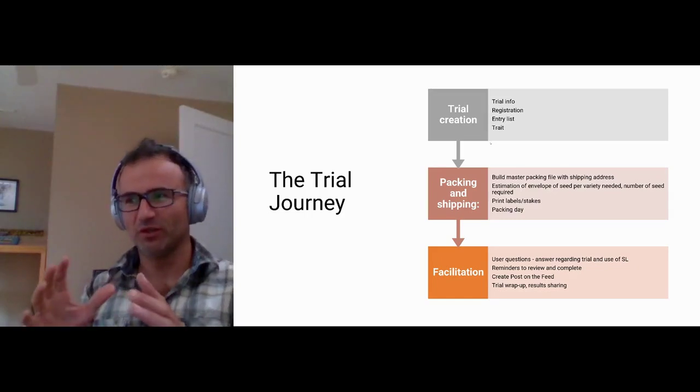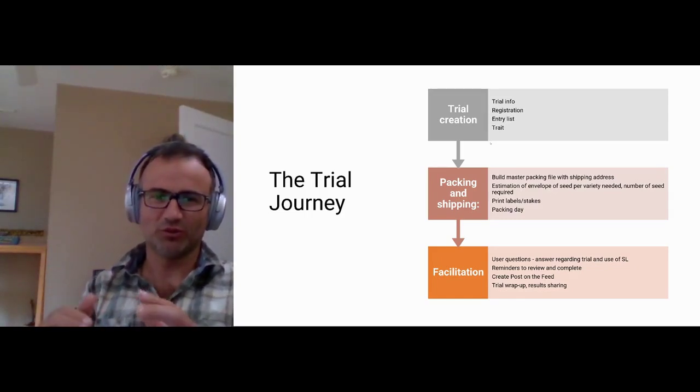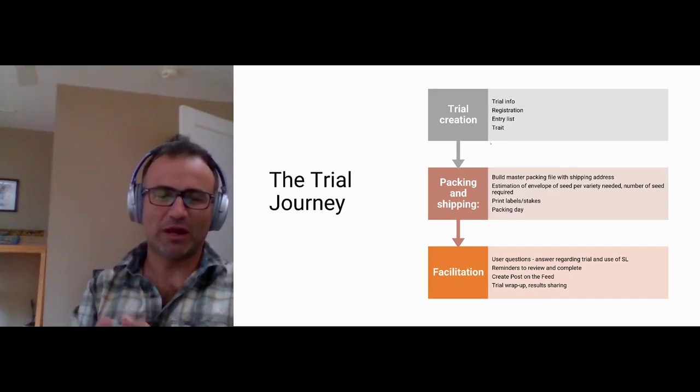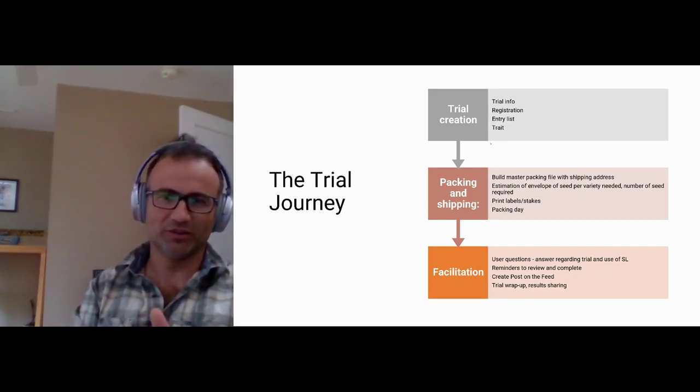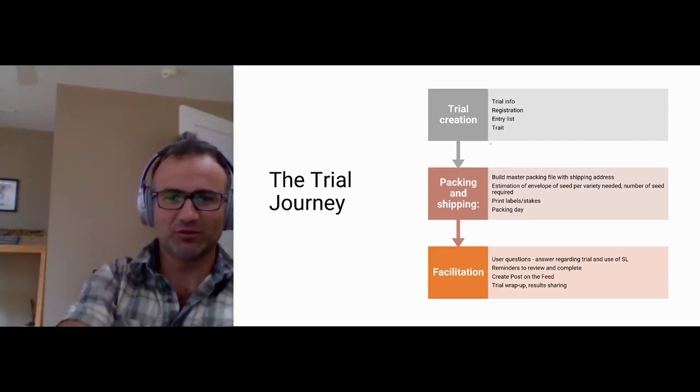Then you have the facilitation or management of the trial, where you reach out to your growers with instructions, answer questions and reminders, create posts, wrap up, and then at the end you close and have results, and you can share results, look at the results, and so forth.